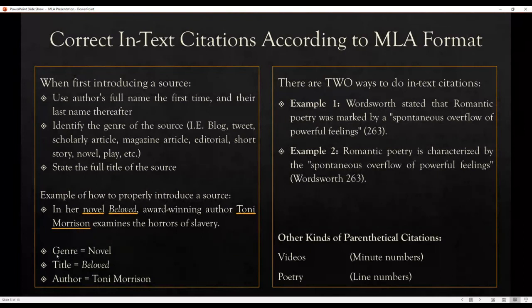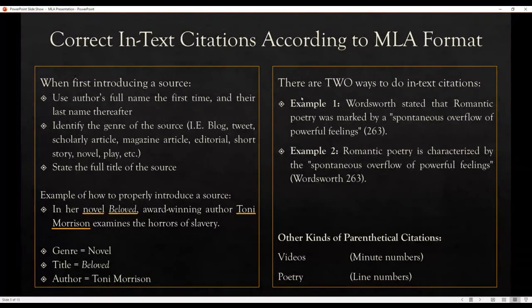Novel is the genre of the source. Beloved is the title of the source. And Toni Morrison is the author of the source. So in that one very simple short sentence, we fully introduce the source with the author's name, genre of the source, and title of the source.